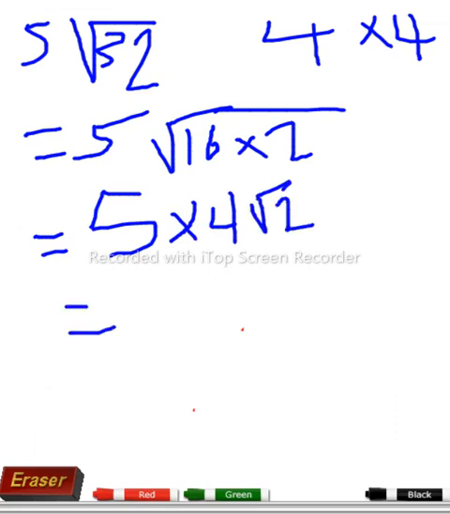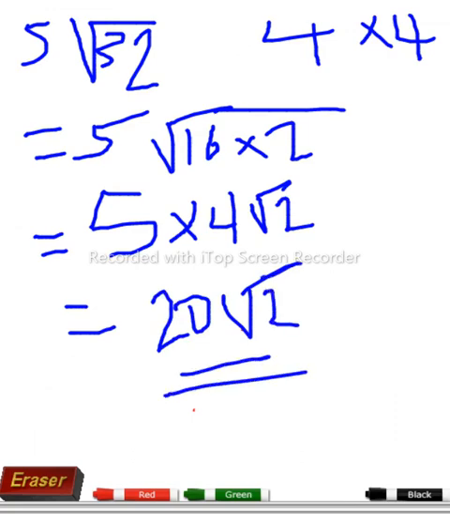So we get 20 square root of 2. This is after simplification, this is our answer. As we know, 32 means 16 times 2.